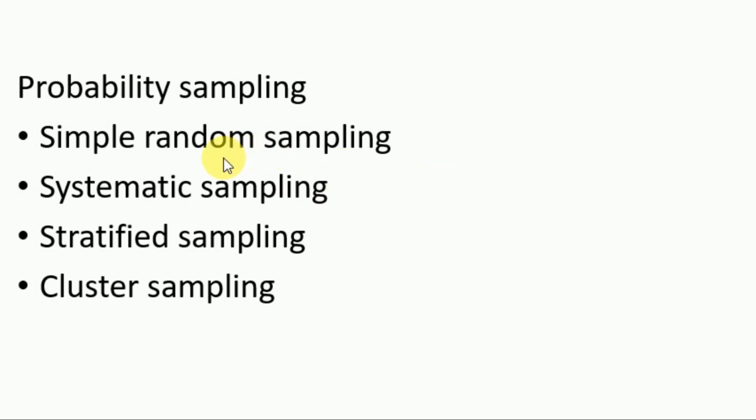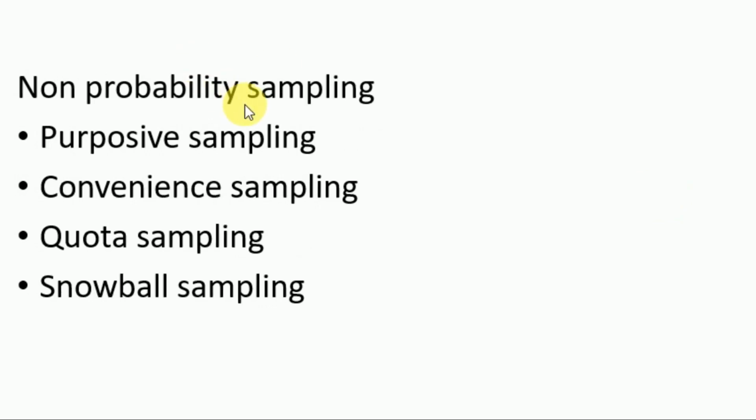Probability sampling includes simple random sampling, systematic sampling, stratified sampling and cluster sampling. Detailed explanation of probability sampling has been included in the part 1 video. Non-probability sampling includes purposive sampling, convenience sampling, quota sampling and snowball sampling.